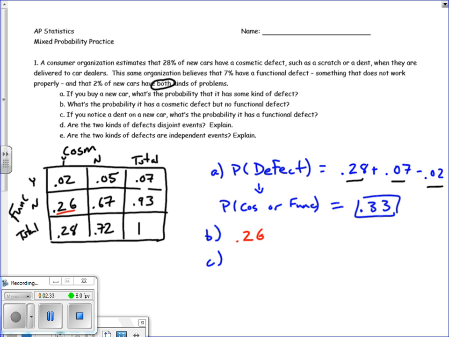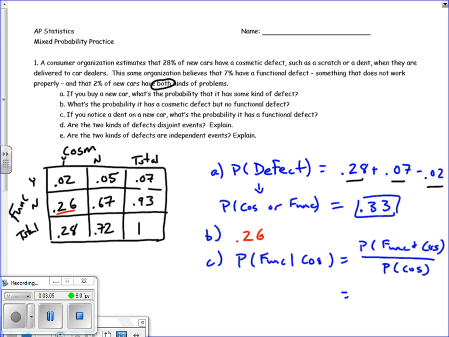Part C. If you notice a dent, what's the probability that it has a functional defect? So this is a conditional probability. This would be the probability given that we know that it has a cosmetic defect, right? A dent was a cosmetic. Given that it has cosmetic, what's the probability that it also has a functional defect? So that would be the probability of both, right? Functional and cosmetic over the probability of cosmetic.